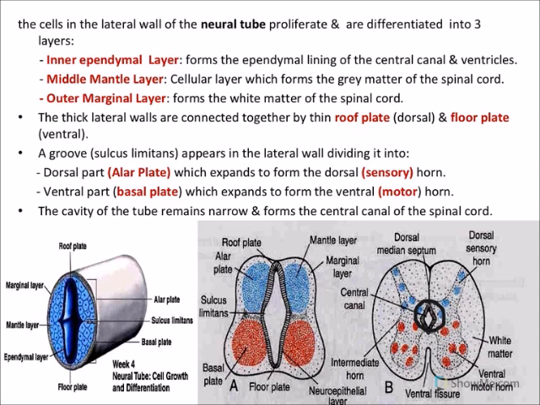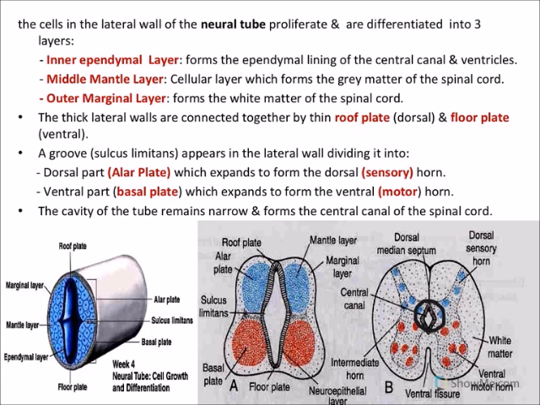The intermediate layer, now called the mantle layer, stands for the middle layer of the neural tube. This will form the gray matter of the spinal cord, and the outer marginal layer forms the white matter of the spinal cord.